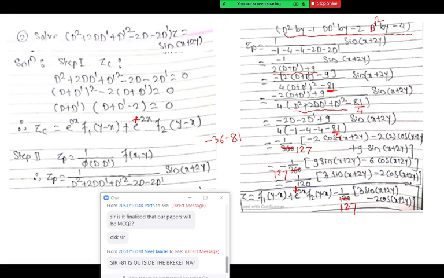So 1 by 127 should also be multiplied by 3, na? It should be multiplied by 3. Where? Which step are you saying here? Second last step. Here is a minus 127. Okay. So yeah, correct.